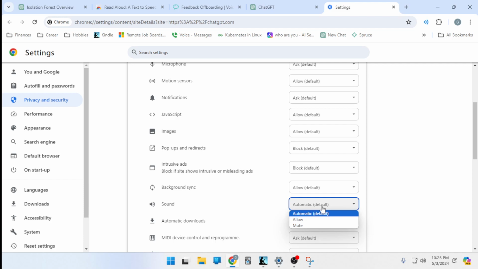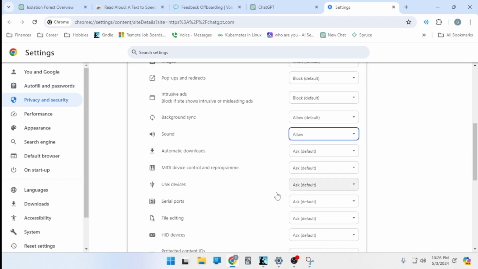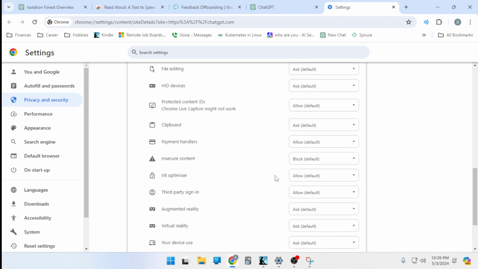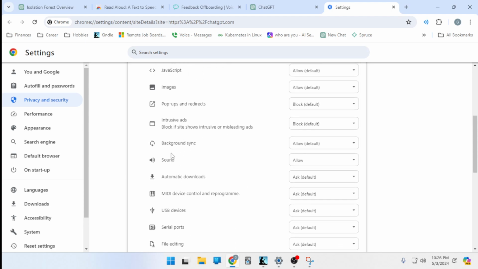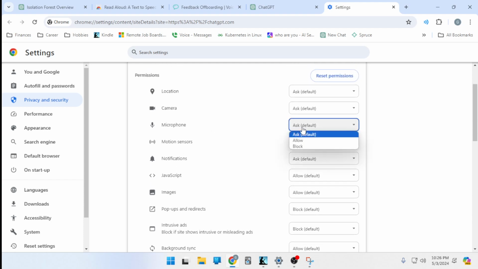So we will definitely allow sound from it, and we'll keep that the way it is. Okay, so the microphone will allow the microphone.